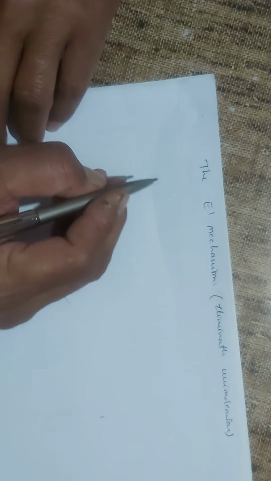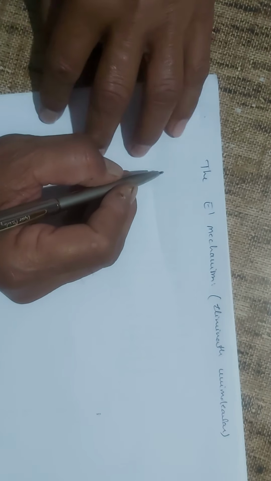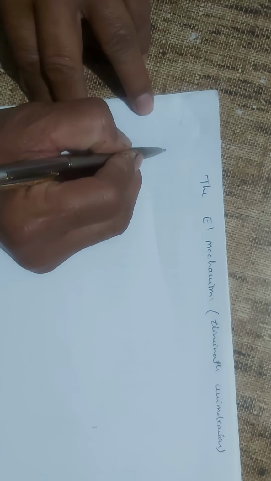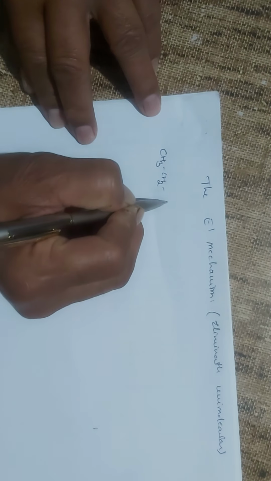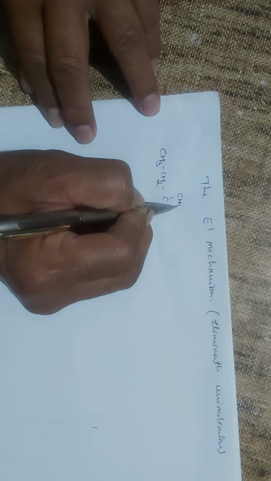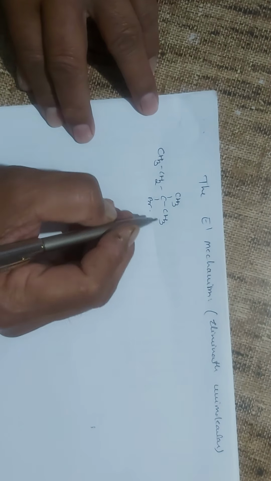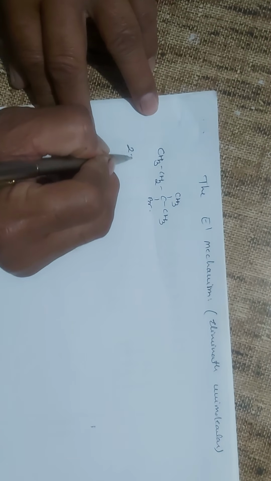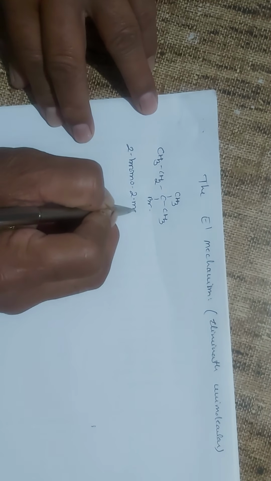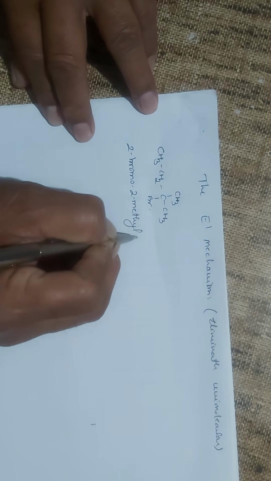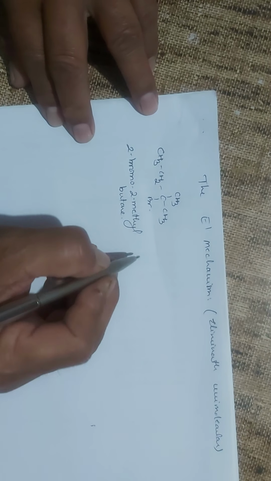So here we will consider an example of 2-bromo-2-methyl-butane, CH3CH2C(CH3)(CH3)Br.